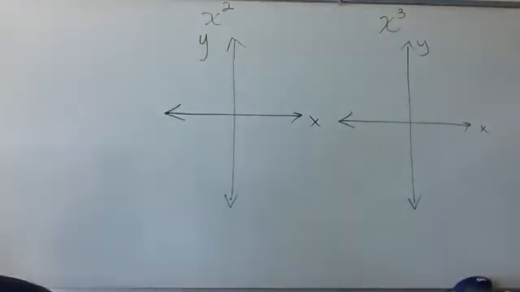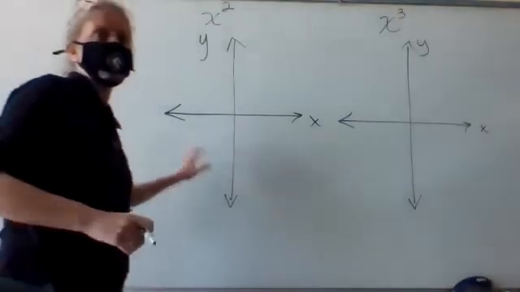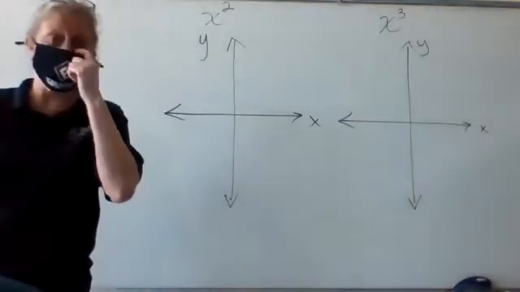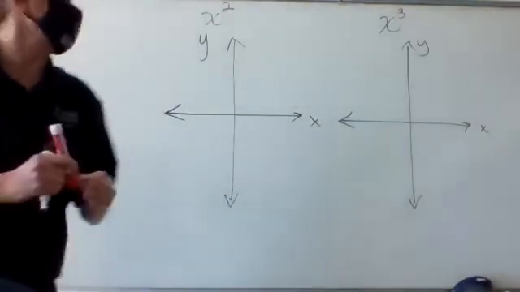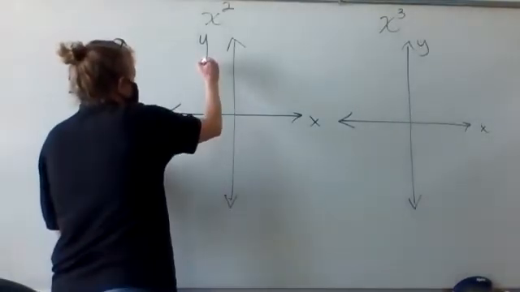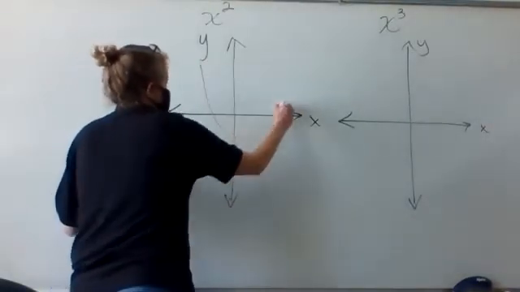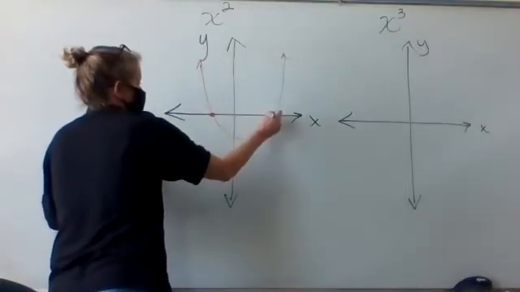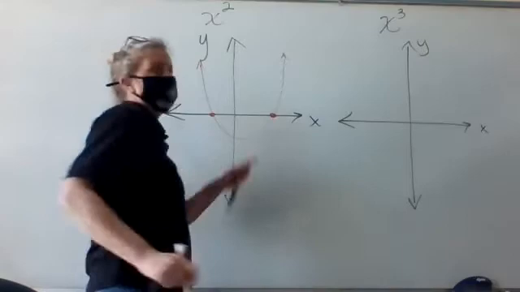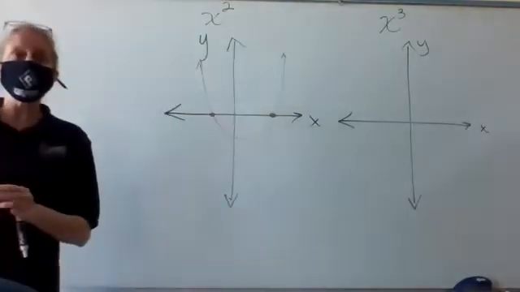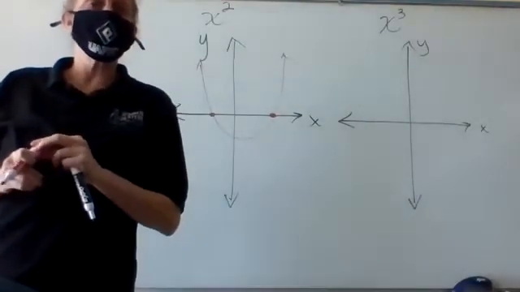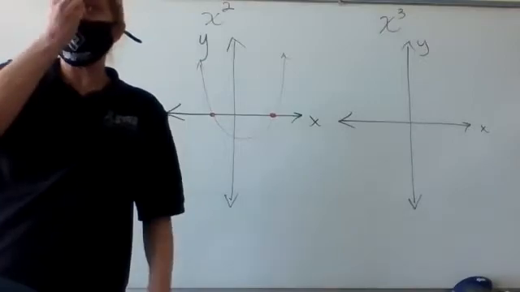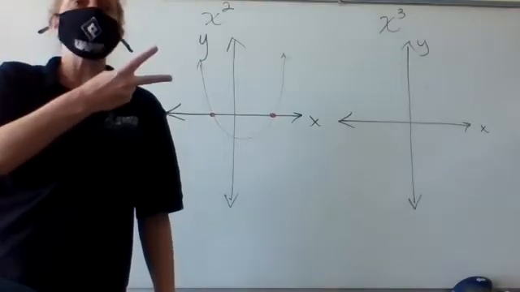So let's look at these two graphs. Remember what your x squared graph looks like. Your x squared graph is that U-shaped parabola, right? So let's see if it looks like this. That one has one x-intercept, two x-intercepts. So if its highest exponent is a 2, the maximum number of x-intercepts and zeros that it's going to have would be 2.